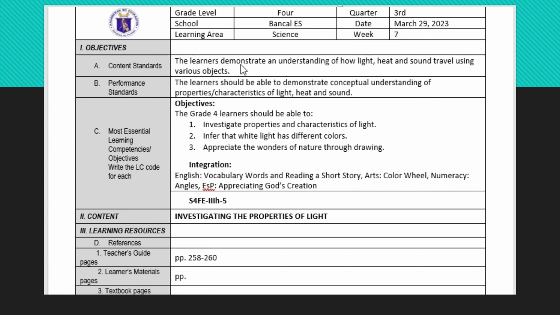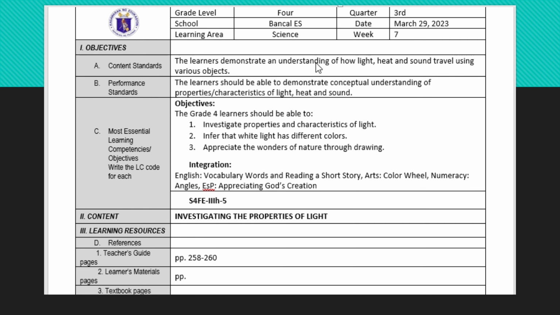And then, yung performance standards naman, ito yung mga dapat na magawa ng estudyante in order for me to assess, nagkaroon sila ng grasp or understanding doon sa concept na ituturo ko. So, in this particular lesson, the learner should be able to demonstrate conceptual understanding of properties or characteristics of light, heat, and sound.